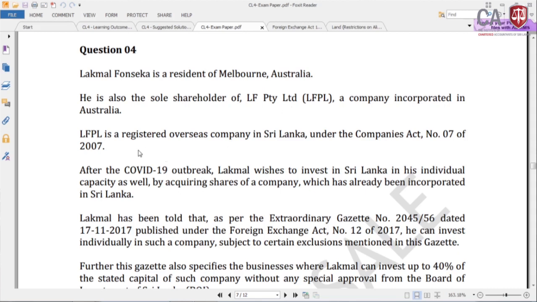This LF Private Limited is a registered overseas company in Sri Lanka as well, under the Companies Act 7 of 2007. After COVID-19 breakdown, Lakmal wishes to invest in Sri Lanka in his individual capacity as well, not only by company but also individually, by acquiring shares of a company which has already been incorporated in Sri Lanka, another company.